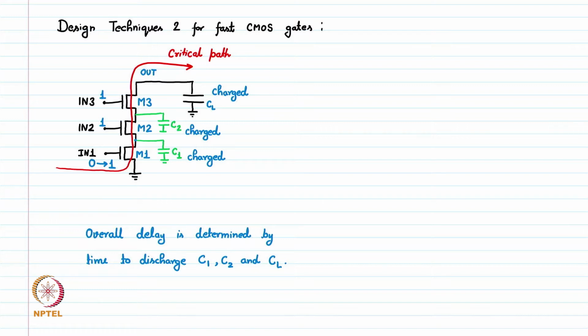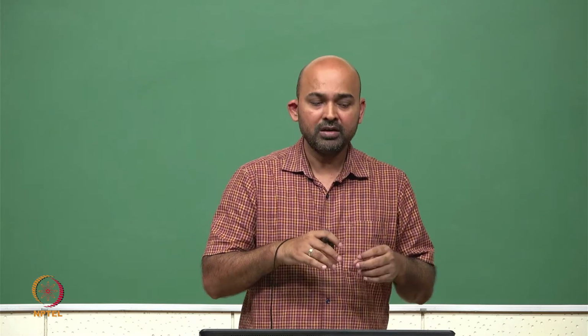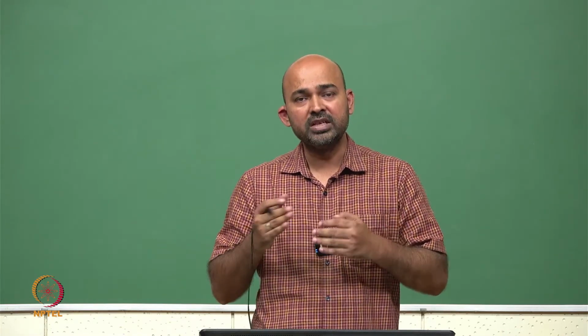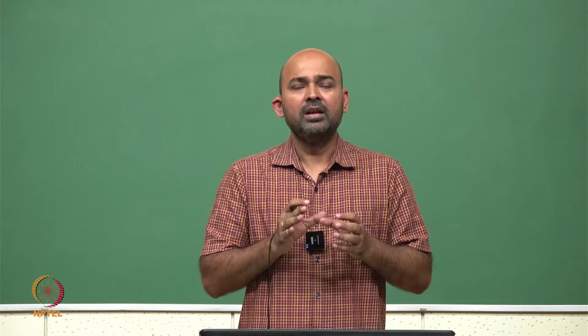However, if we look closely at this circuit, and if we know a priori that input 1 is the input which is going to change very fast compared to input 2 and input 3, generally this information is sometimes available at the system level.